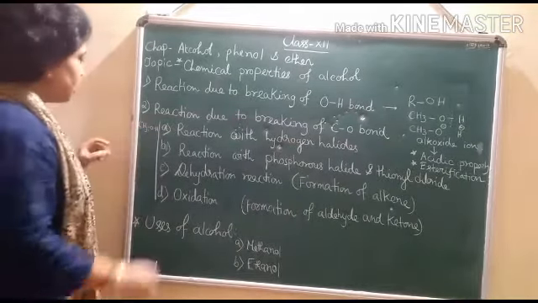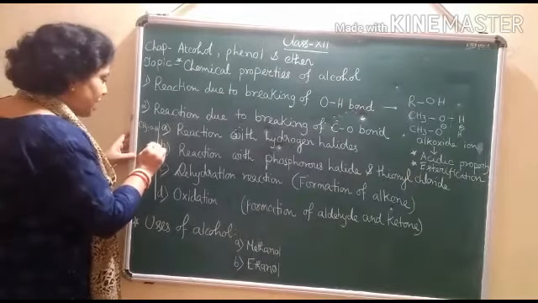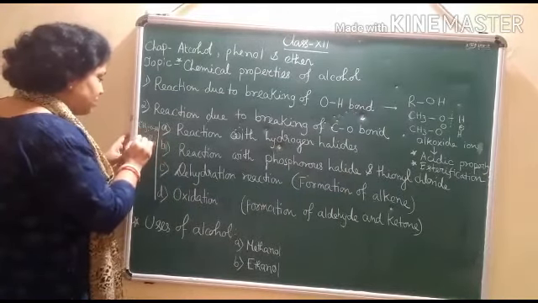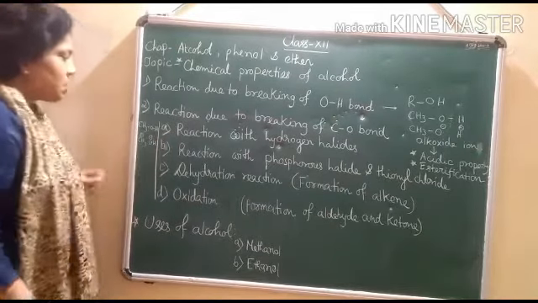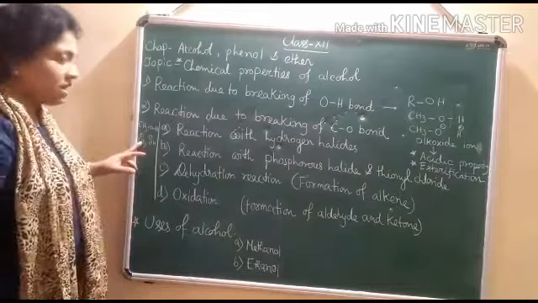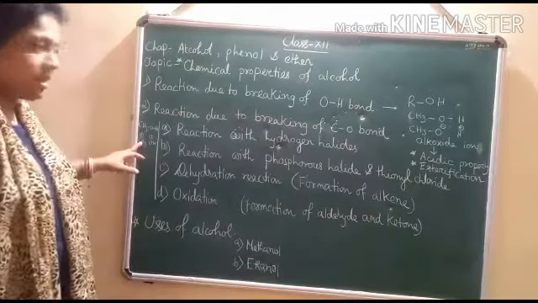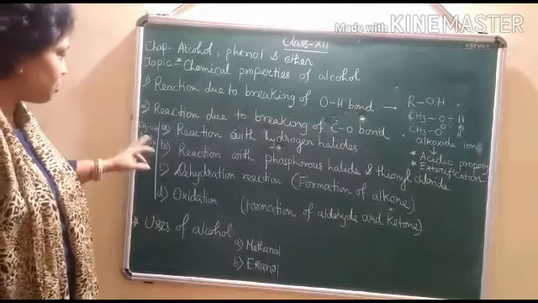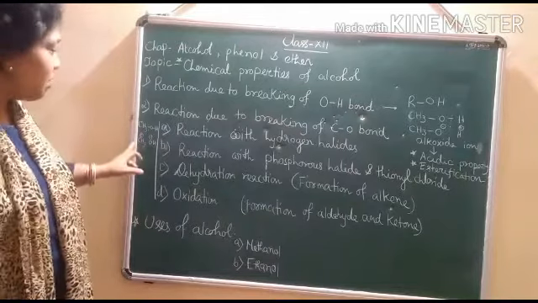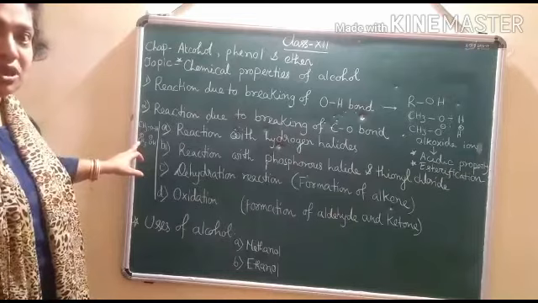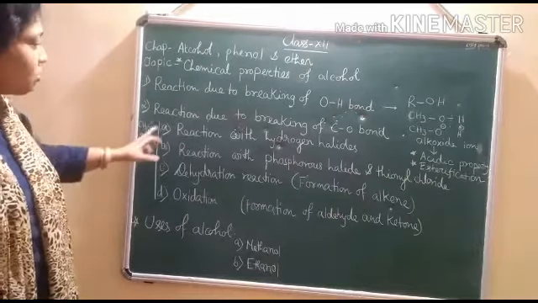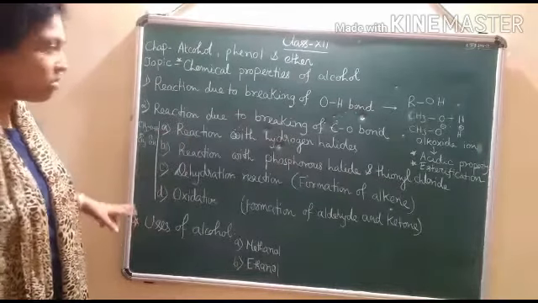It will give hydroxide ion, and this side will be CH3 positively charged, because CH3 is an electron donating group. As the bonds break, different kinds of ions form, so the type of reaction will also change.